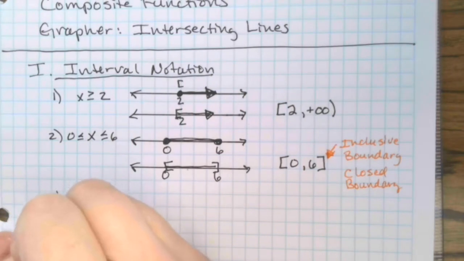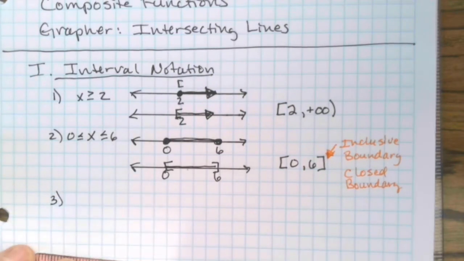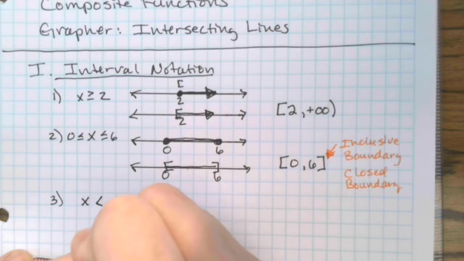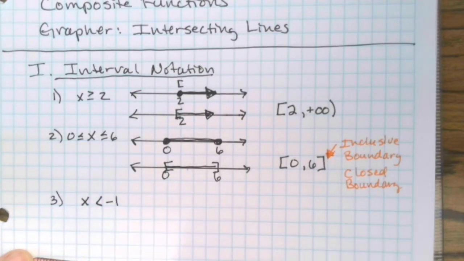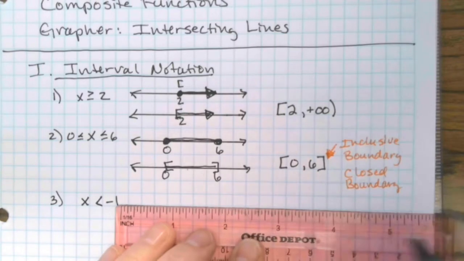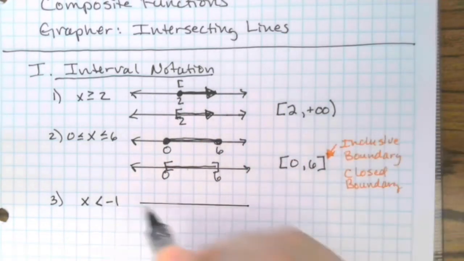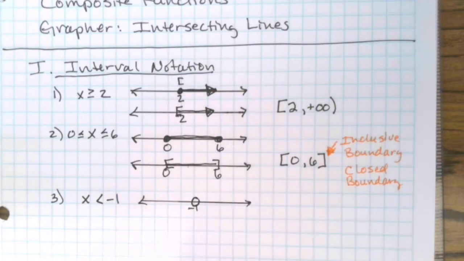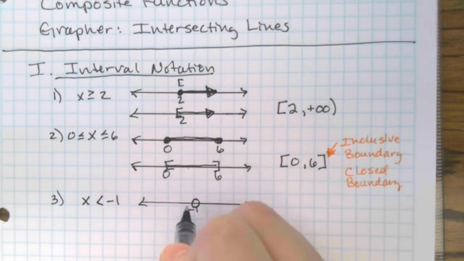Okay, number 3. x is less than -1. In inequality notation, you would have an open point on the -1 and the arrow would go to the left.